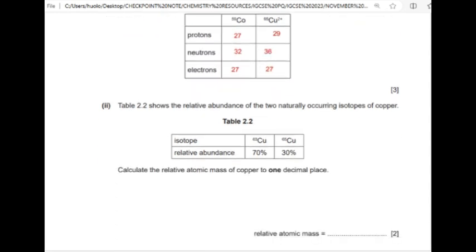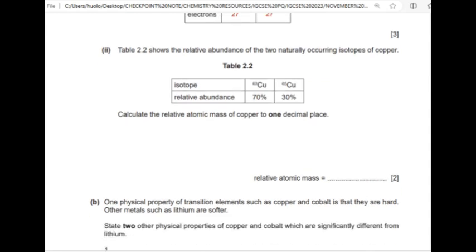All right, so 3 marks. Every correct row, row for protons 1 mark, row for neutrons 1 mark, row for electrons 1 mark. Correct. Okay, so we make progress to table 2.2.